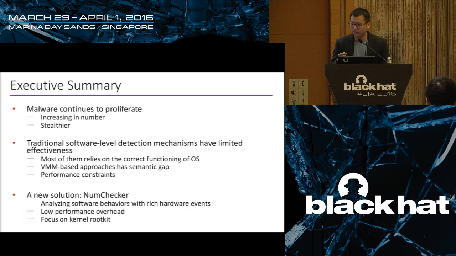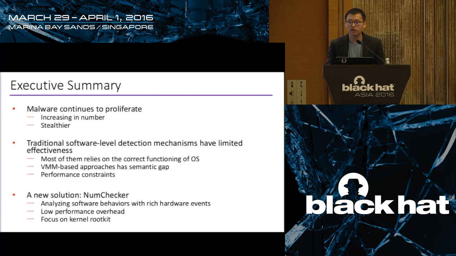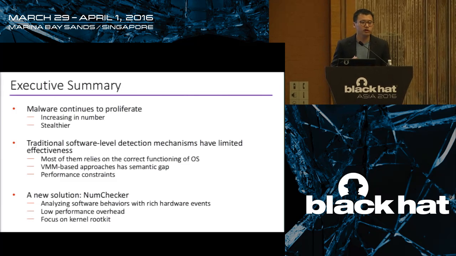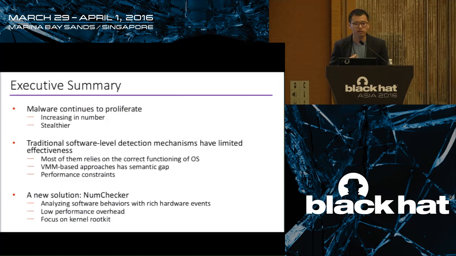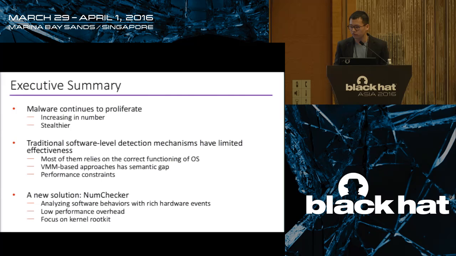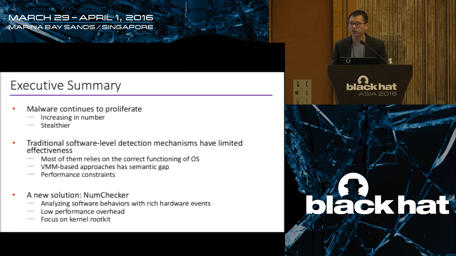So just before I dig into the details of the talk, I want to give everybody a high-level summary about what the research is about and what our solution is trying to solve. As we know, malware development and detection is a cat and mouse game, right? The malware keeps evolving and people try to write malware that is more stealthy.